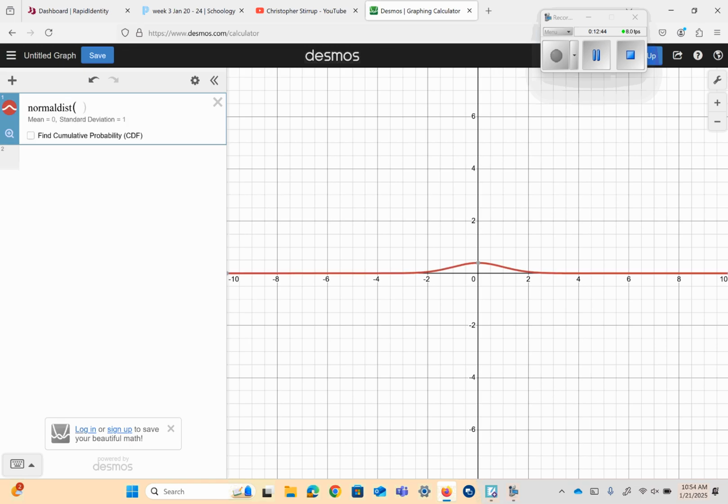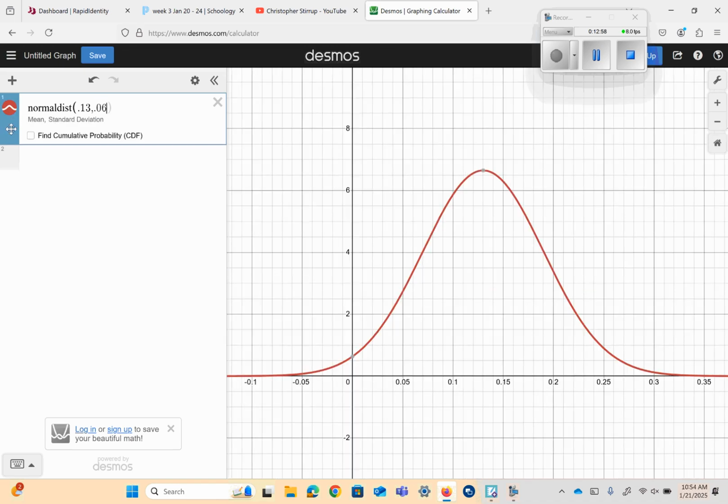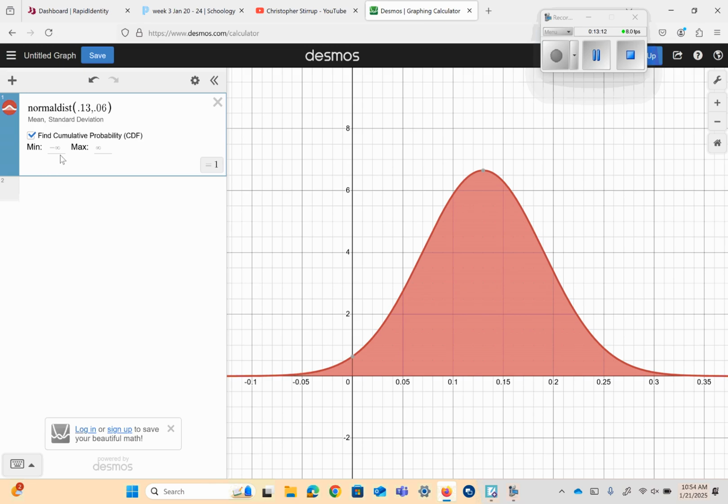Normal distribution of 0.13. Standard error is 0.06. So there's our normal distribution in this case. And if we wanted to conduct a survey, this is number 10. So we want to see if we have higher than 11% of our population.